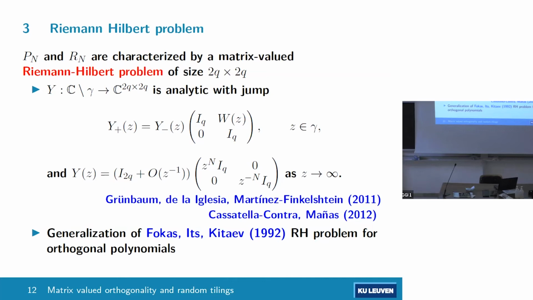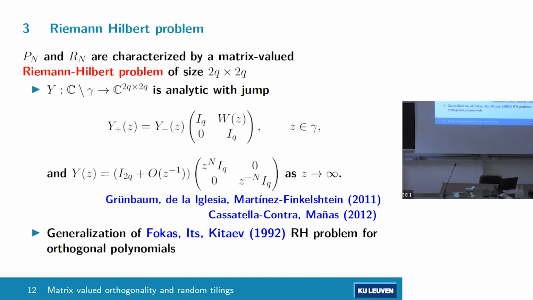This is for z on the contour. And there's a certain condition at infinity that it should basically behave like z to the n times the identity matrix and z to the minus n, q times along the diagonal, times identity plus something small.